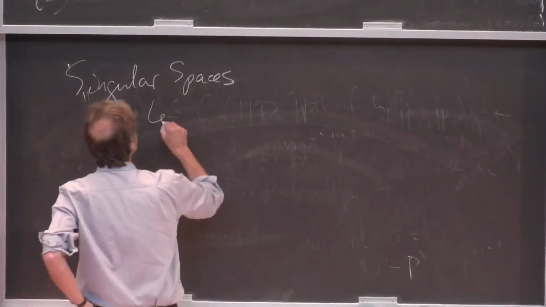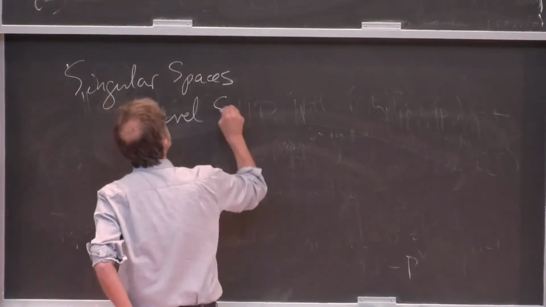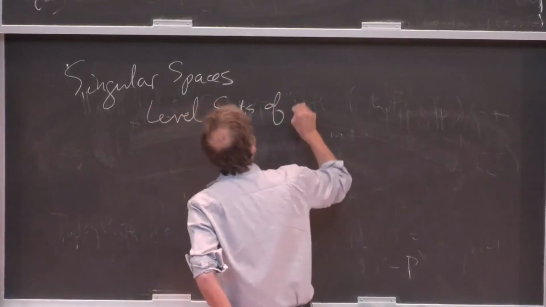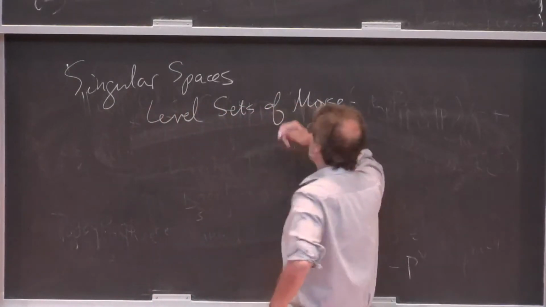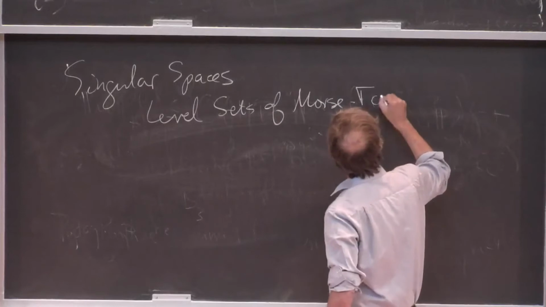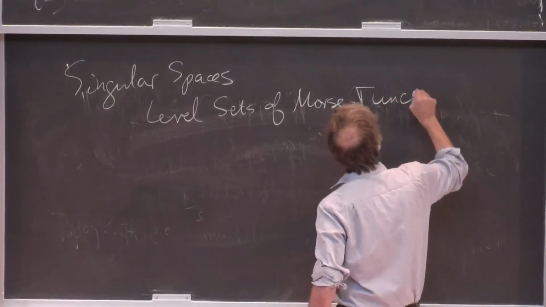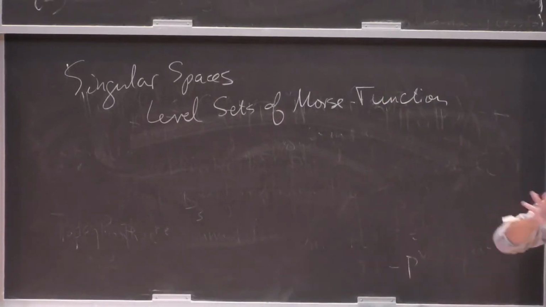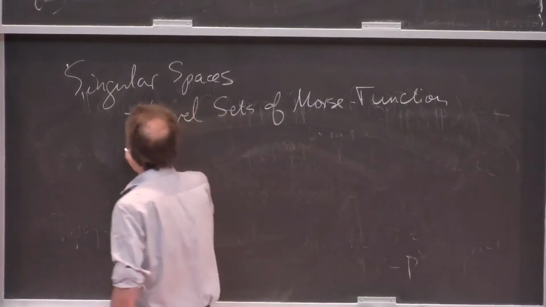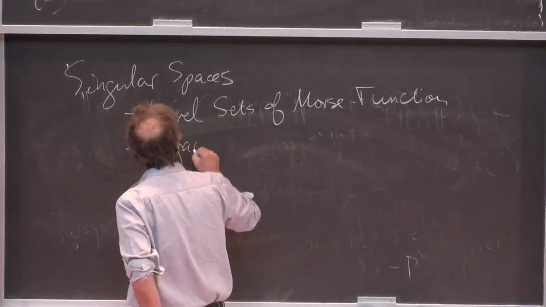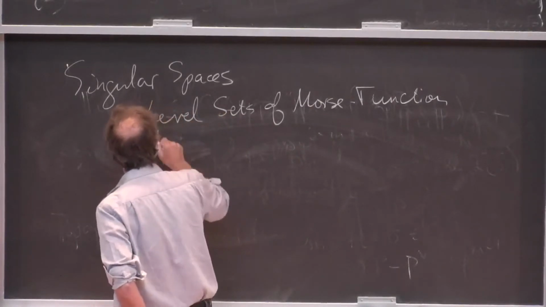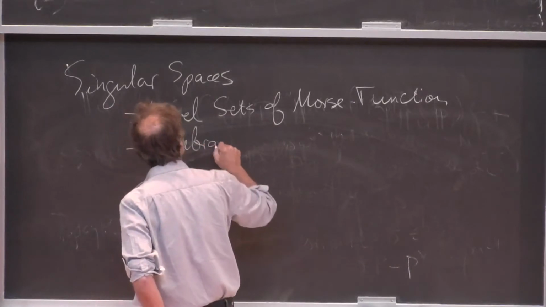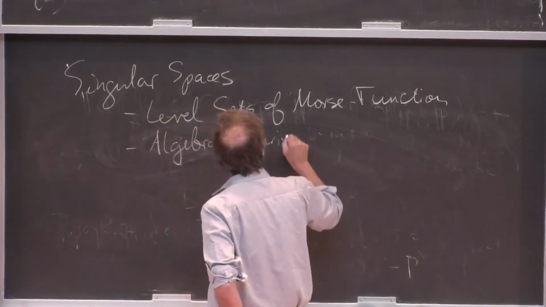So, for example, level sets of Morse functions. A generic level set of a Morse function is, of course, regular, but past the critical values the level set becomes something like a cone or some sort of stratified set. There are compactifications of moduli spaces. Even more classical, algebraic varieties.